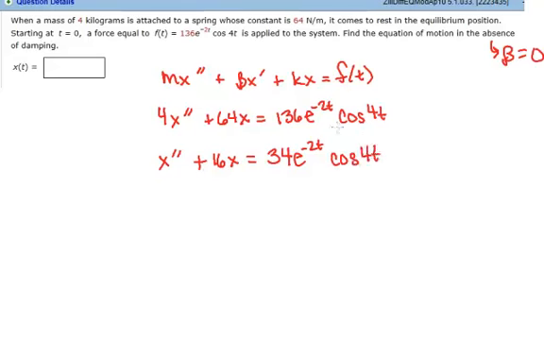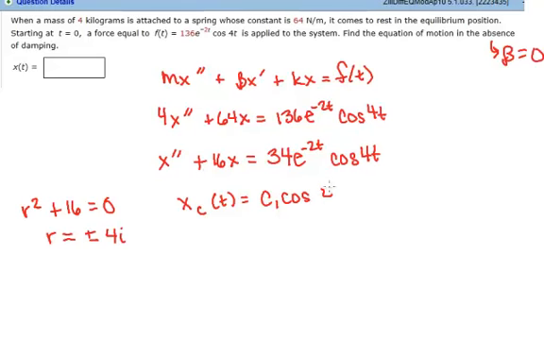So if we're looking for the complementary solution, we'll set up the equation and we get r squared plus 16 equals 0. So we get r equals plus or minus 4i. So our alpha is 0, so our complementary solution is just c1 cosine 4t plus c2 sine 4t.